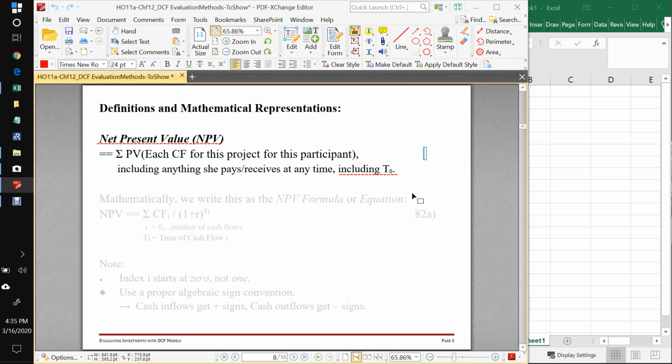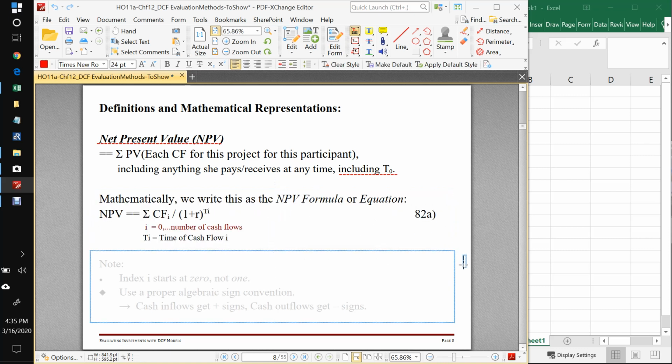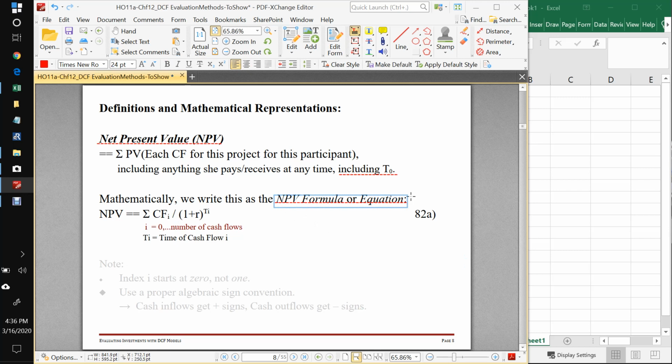Again, a little bit different than what we were doing in chapter 8. So with that definition, we can now write mathematically what we call the NPV formula or the NPV equation, depending on who you're talking to, okay?